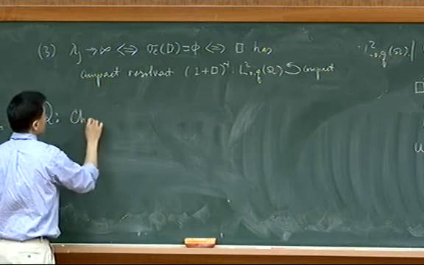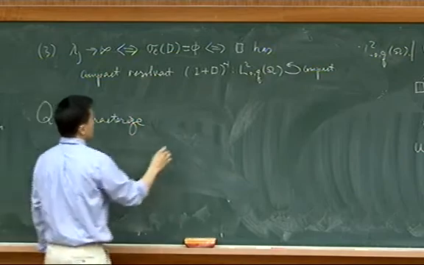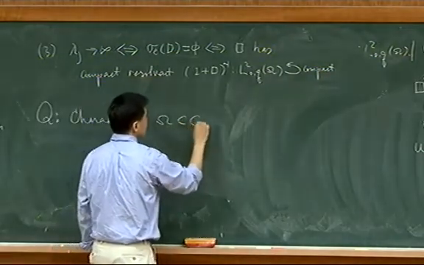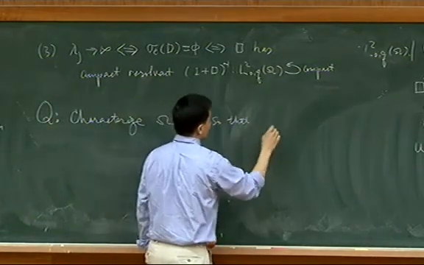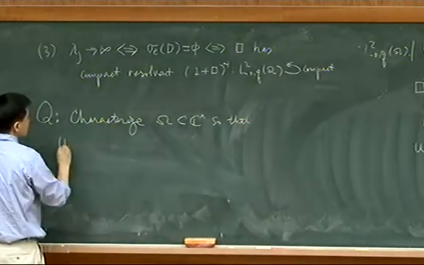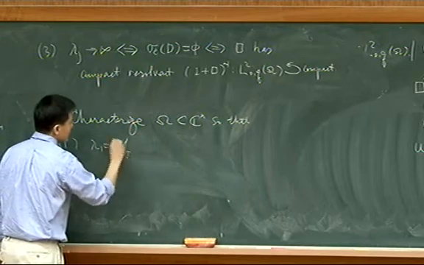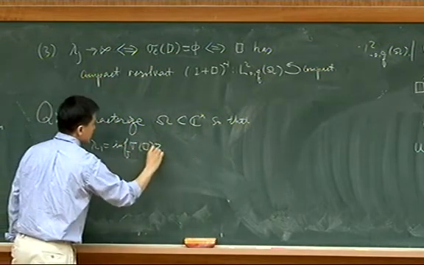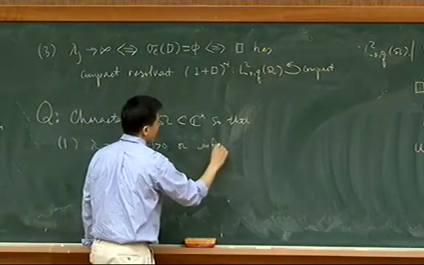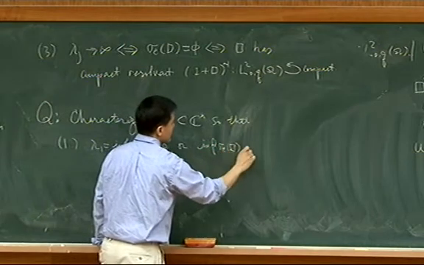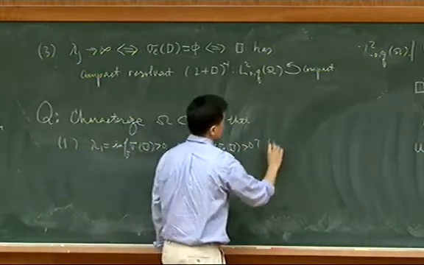We want to characterize omegas, let's say in C^n, so that one of these is true. The first: the infimum of the spectrum is positive, or the infimum of the essential spectrum is positive. So this is the positivity question.